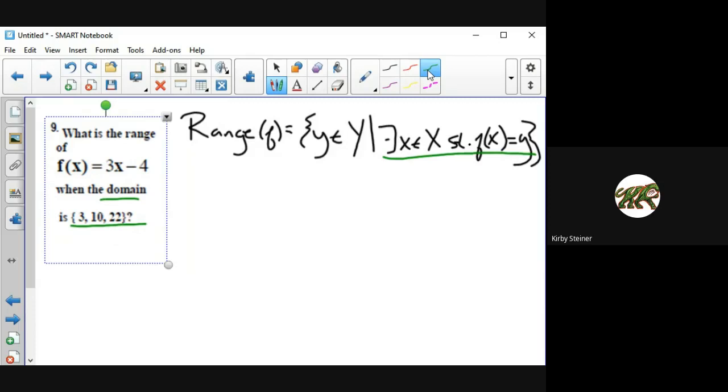So to figure out exactly what this range is, let's evaluate the function for each member of x in the domain.